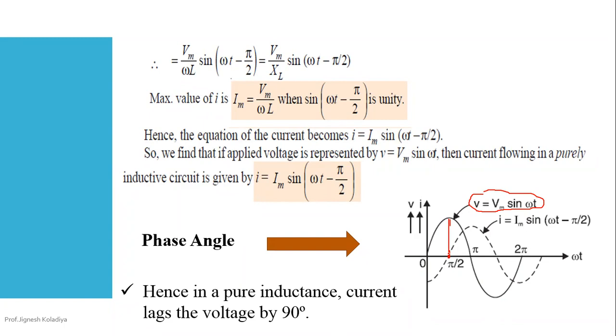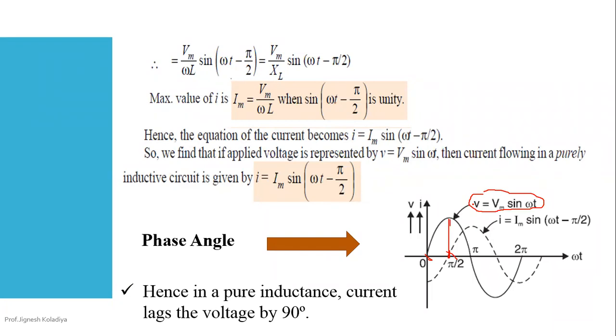That means the instant at which they are reaching zero is not the same, but there is a 90-degree delay between these 2 points, and your current is behind the voltage by 90 degree. Current is lagging by 90 degree with respect to voltage.